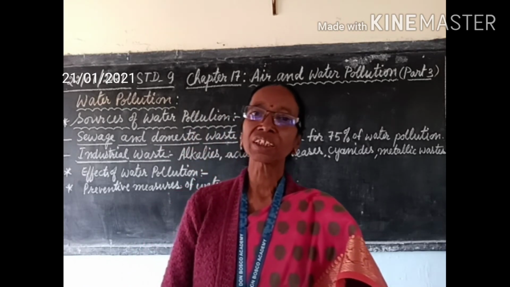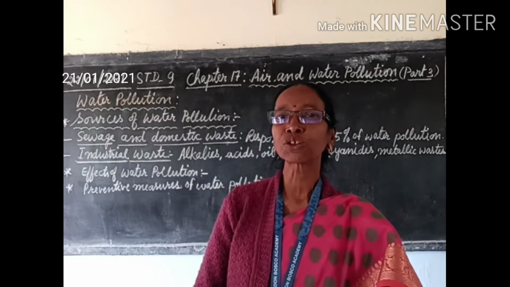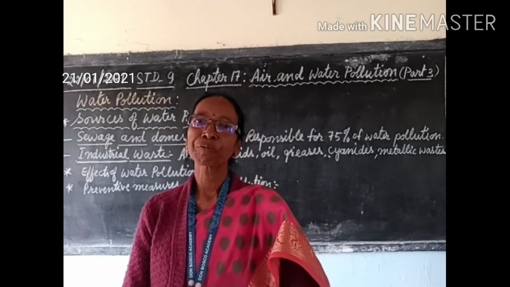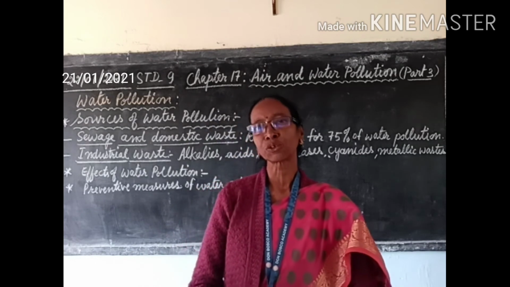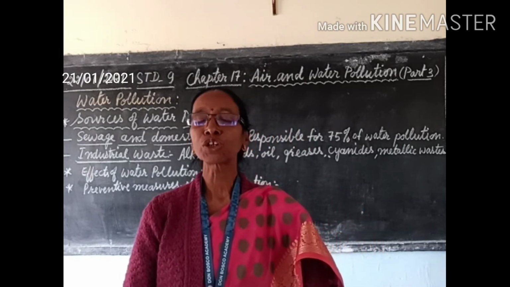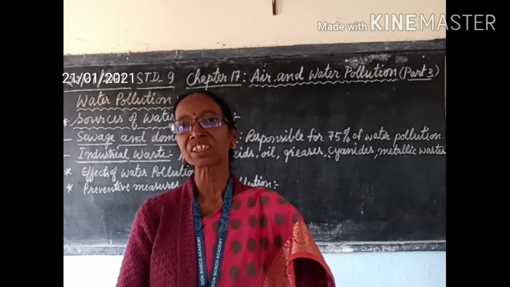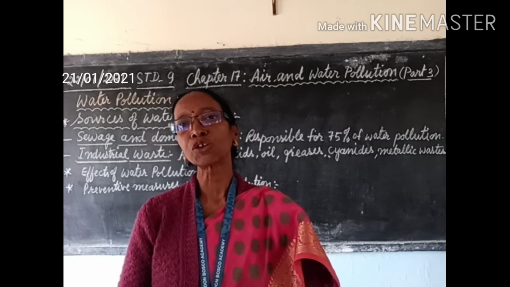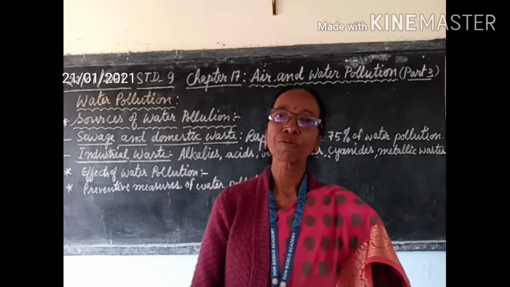So, thinking of these effects, we should think about the remedies. First of all, we should use water judiciously. Water which we use for drinking should not be used for other purposes like washing clothes or irrigation or other work.